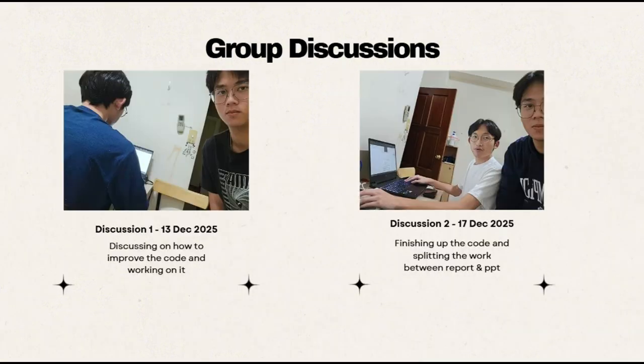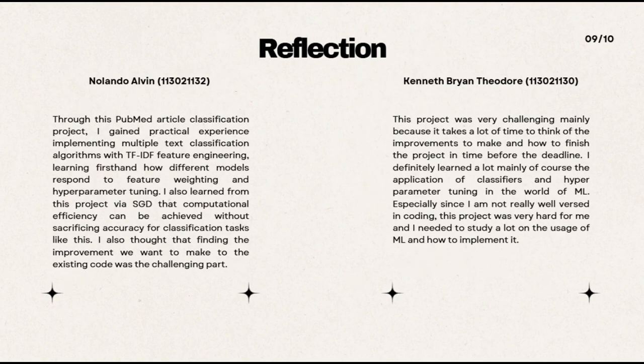And this is our group discussions that were done throughout the process of this project. And this is our reflection. So Alvin thought that through this PubMed article classification project, he gained practical experience in implementing multiple text classification algorithms with TF-IDF feature engineering, and he learned firsthand how different models respond to feature weighting and hyperparameter tuning.